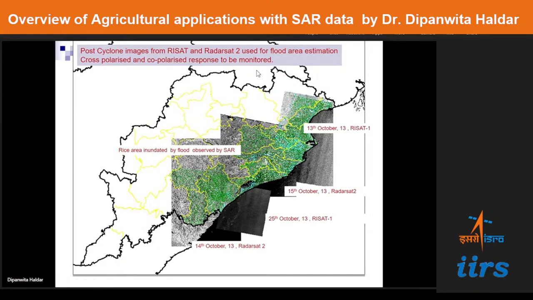A lot of damage happened to the infrastructure and some part of the rice area also. So this monitoring was carried out using RISAT and RadarSat data for flood area estimation. Both cross and co-polarized response was monitored, and the different dates of data acquired are shown here. Whatever area has been flooded and damaged, the crop damage assessment was carried out.